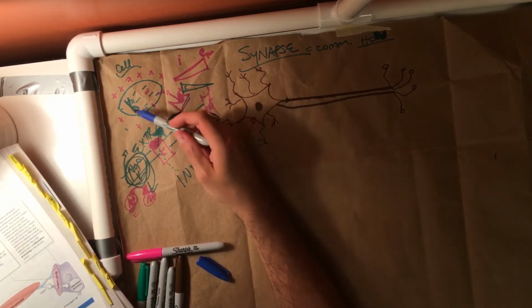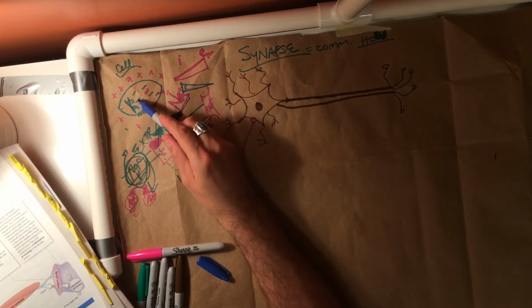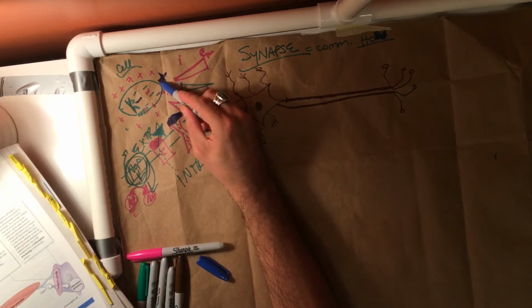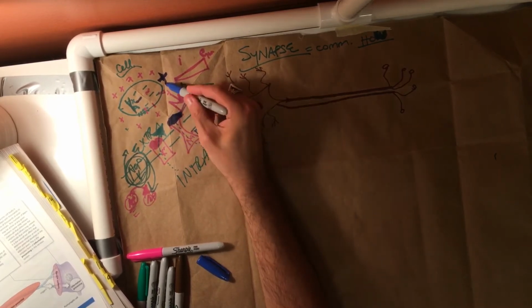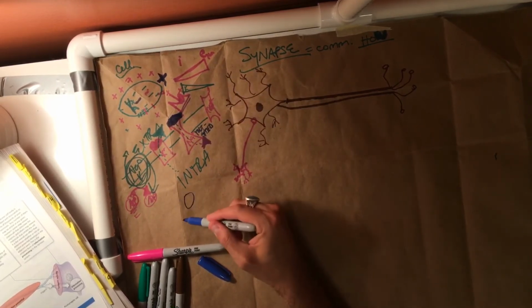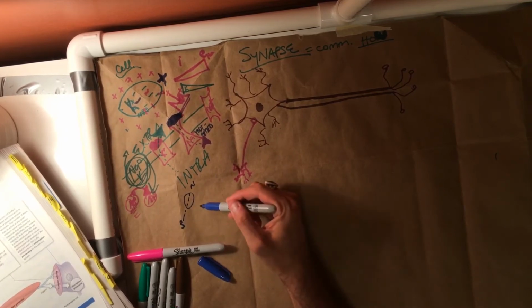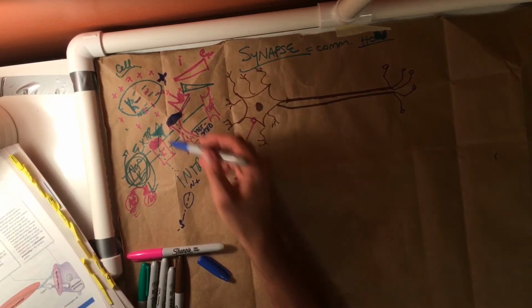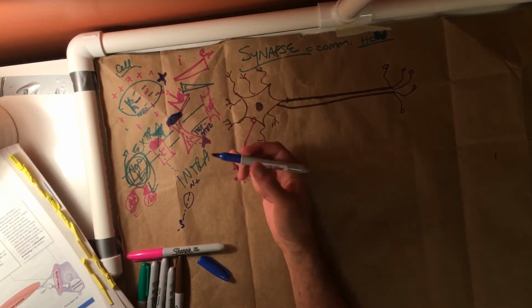As it stands in this cell, it's more negative inside and it's more positive outside. Just like on the Earth, there's a north and a south pole that are opposite of each other. There are positive and negative charges in the cell and outside the cell that are opposite of each other.